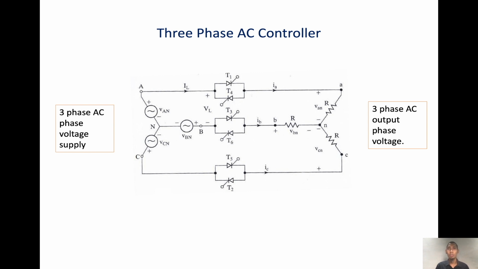The three-phase AC controller is the extension of the single phase AC controller, where we now control the three-phase AC input and convert it to the AC output, to drive a much bigger load.